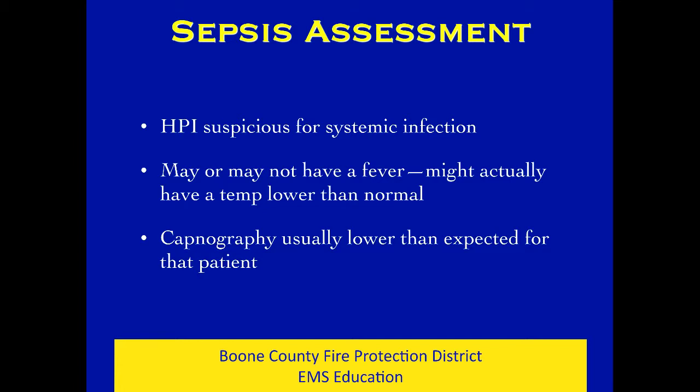So you would think that if this is a massive infection, this patient would have a massive fever, and they may. They may be very, very febrile, or they may not. They may actually have a lower temp than normal. So don't go through life, key concept here, don't go through life thinking that if your patient doesn't have a fever, they can't be septic. That's just not true. And then your capnography will be a little lower than expected for that patient.